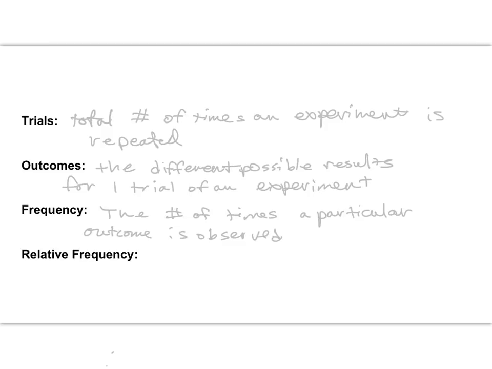And relative frequency is the number of times a particular outcome is observed divided by the total number of trials. So we're going to put frequency divided by total number, oops, that's an O.